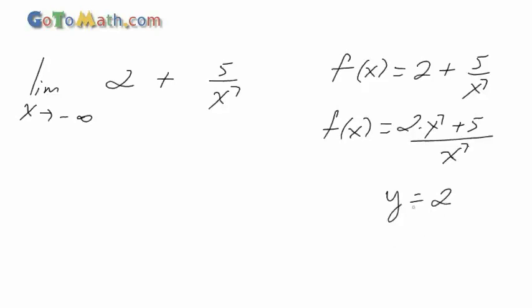Now it doesn't matter if we're heading off in this direction on the number line, towards negative infinity, it's still going to be 2. So we've got to look at that. In a previous problem, I believe it was 4-3 or 4-2 or whatever it was, we had to deal with radicals in the denominator.